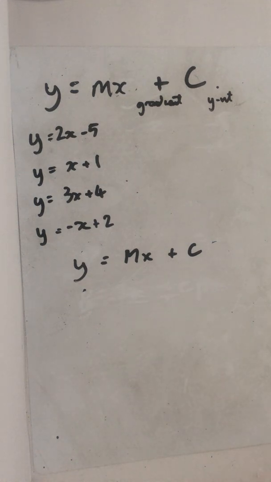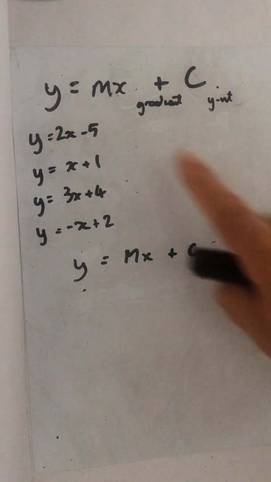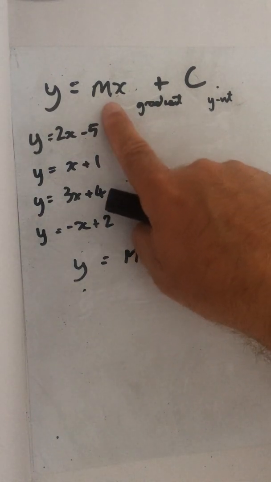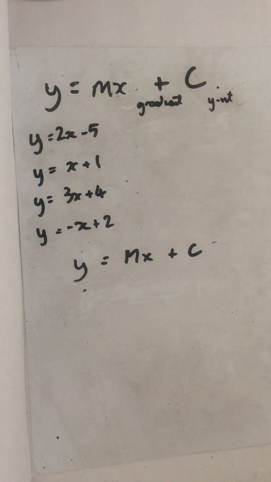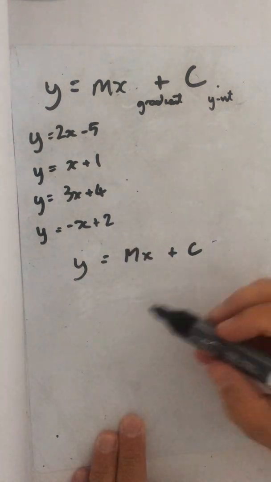Okay, so the formula, again, you've written it down in your book: y equals mx plus c. So we know that m is the gradient and c is the y-intercept. That makes it all so much easier, doesn't it?